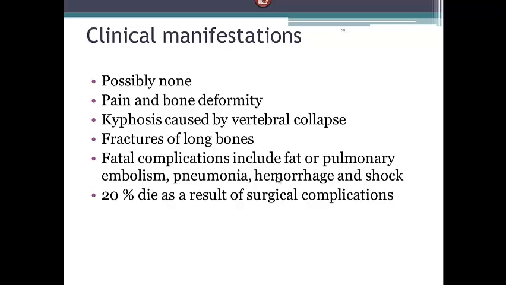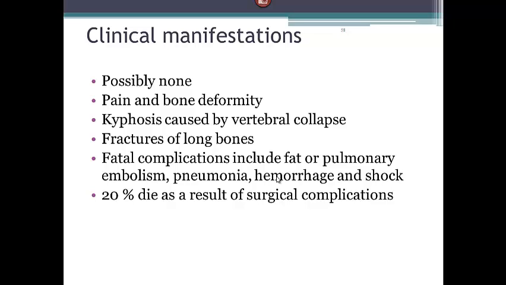Diagnosis again is by bone densitometry, and if you remember the values, you have to look for the T-score and the Z-score. The T-score, remember, corresponds to the number of standard deviations that the patient's bone density differs from the peak bone mass of a healthy young person of the same sex and ethnicity.